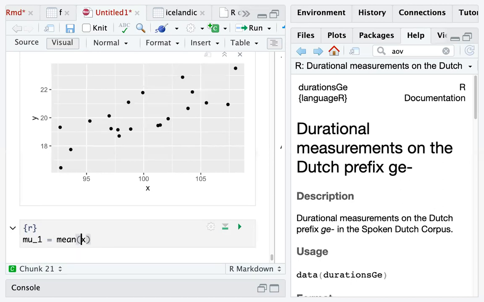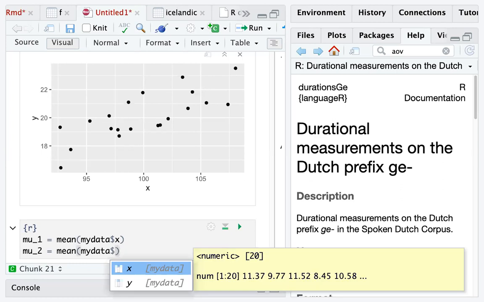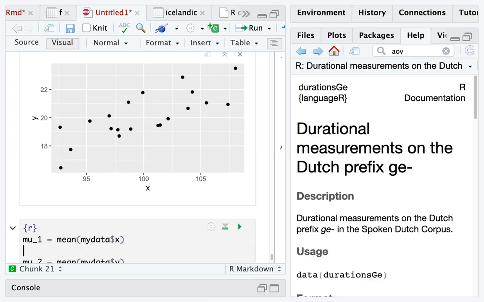So the mean of my data x. Mu2 is equal to the mean of my data y of the second component. We have also the standard deviation.